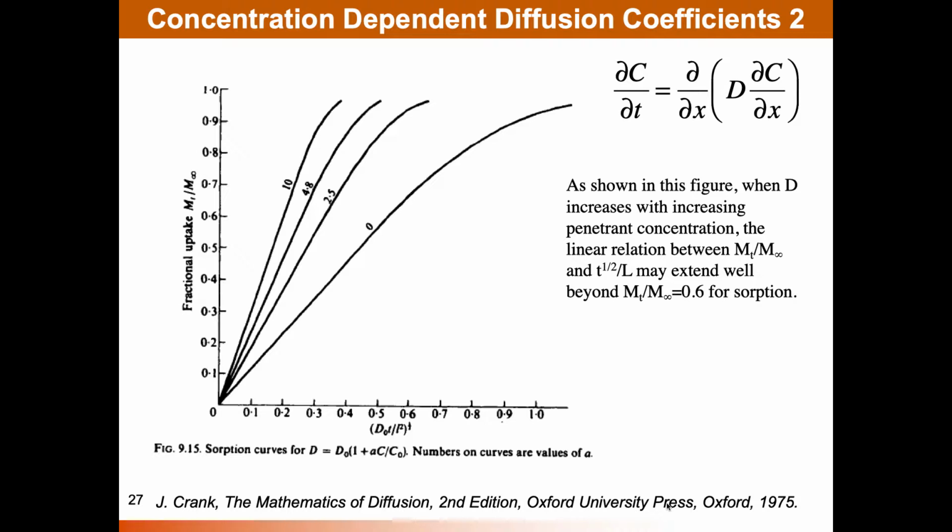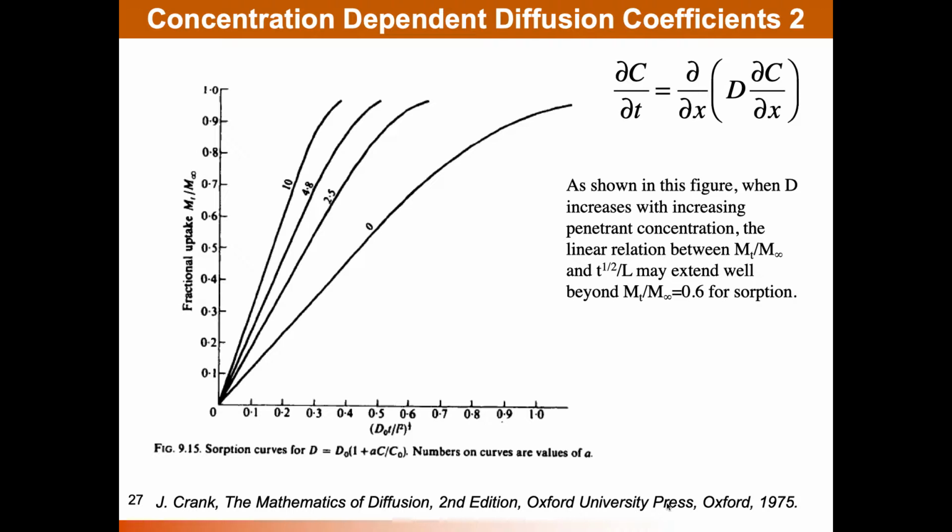But I want to show you how the results change in terms of what you would see in an experiment. And so this is again plotting fractional mass uptake as a function of t to the 1/2, now for a case where the diffusion coefficients are changing with concentration, with local concentration inside the sample.